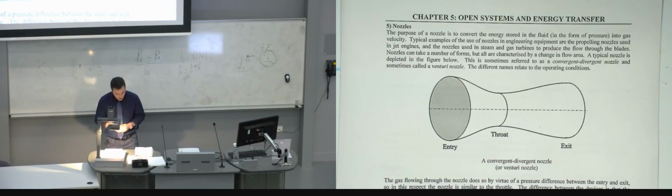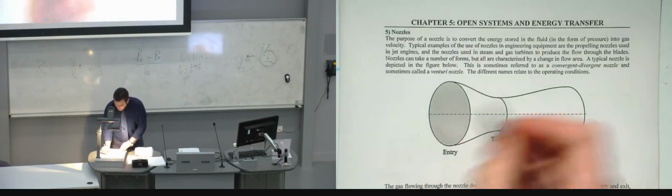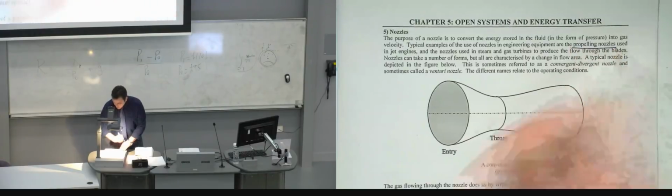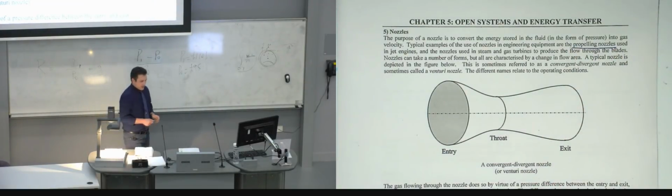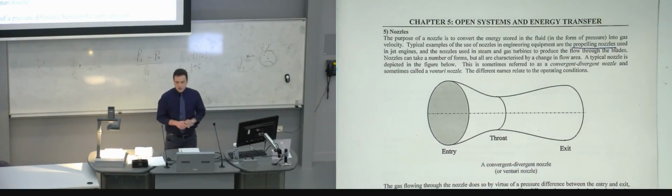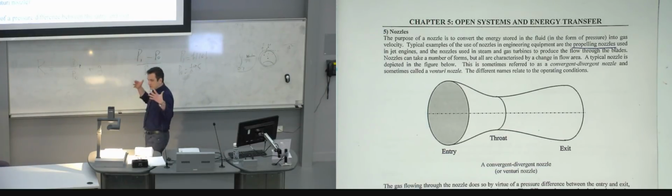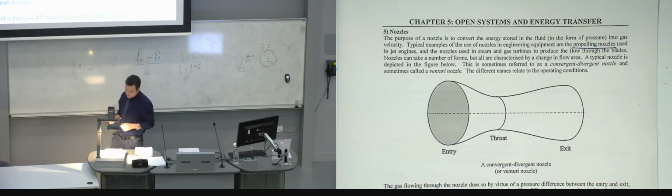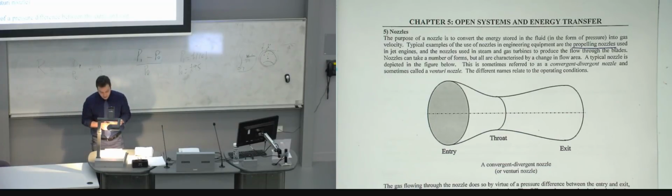You could have that. Or essentially, you have lots of different applications. And as I mentioned about nozzles, some of the applications are in propelling nozzles. Typically, in the jet engine, towards the end, after the turbine, you've got a nozzle, and that is essentially to accelerate the flow by changing the cross-sectional area.